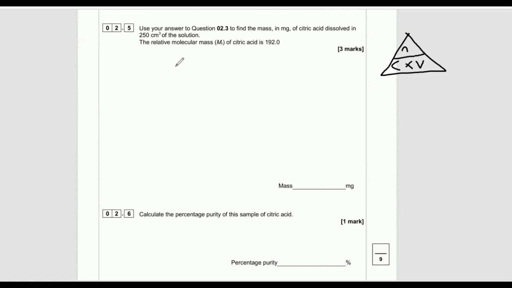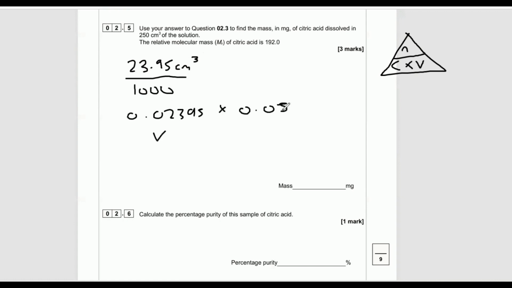So what I'm going to do, I want to find the moles. I want to do conc times volume. Let's not forget that volume needs to be in decimeters cubed. You're an A-level chemist, so you're just going to get into that habit. 23.95 divided by 1,000 gives me 0.02395. That is my volume. Going to times that by my conc, which was 0.05 for sodium hydroxide. And that is going to give me my moles.